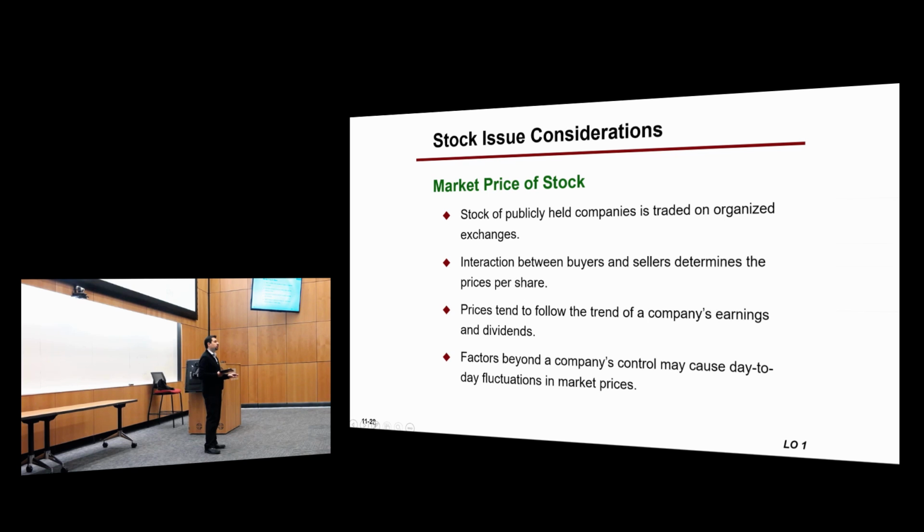If investors find that company A is favorable, they will be willing to pay more to buy its stock. That will drive the stock price up. If the company has any issues, it will drive it down. Sometimes it is also affected by general economic events like a recession. Or it could be something that happened with the company, like the oil spill, when BP, British Petroleum, had this incident.